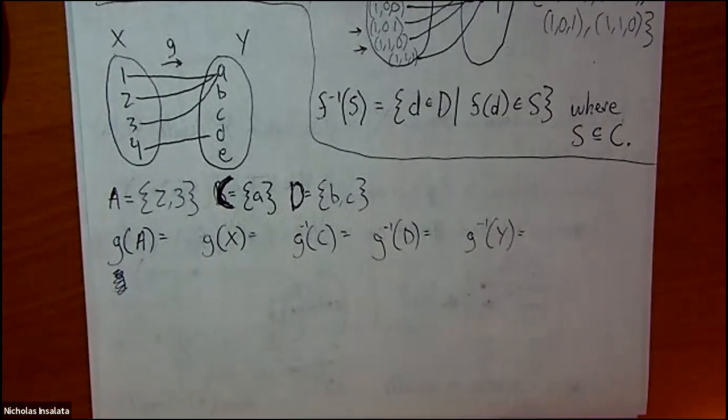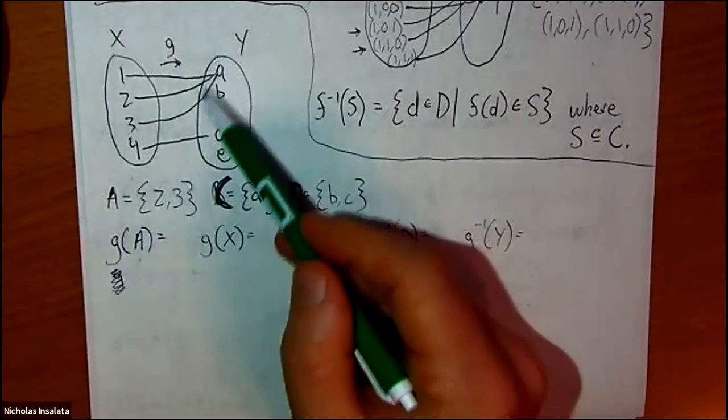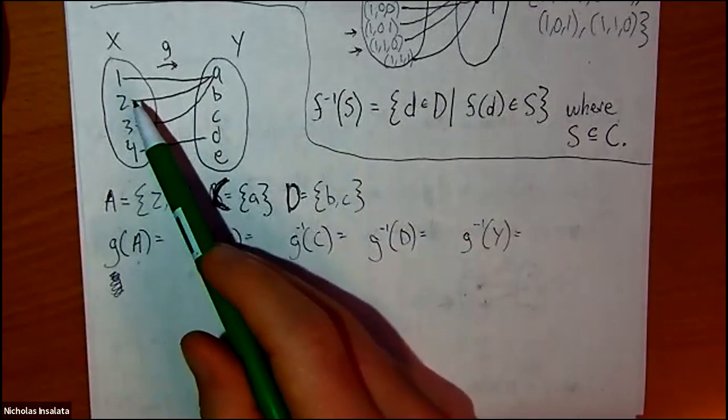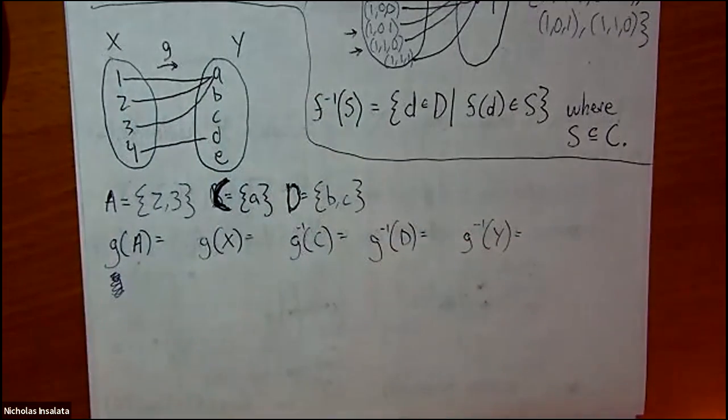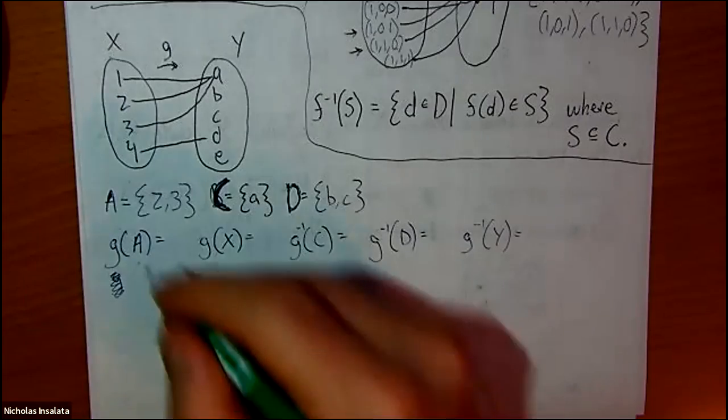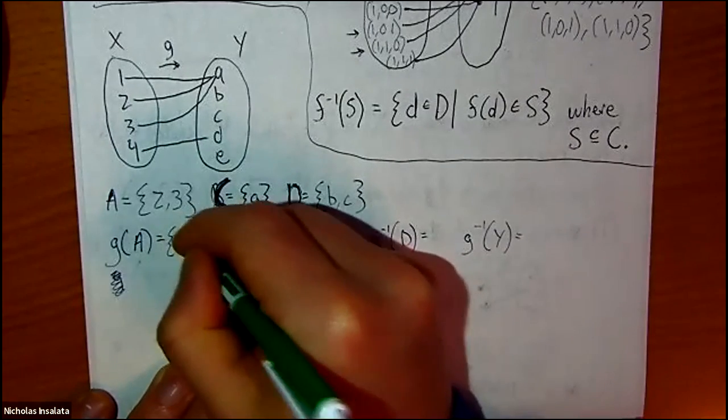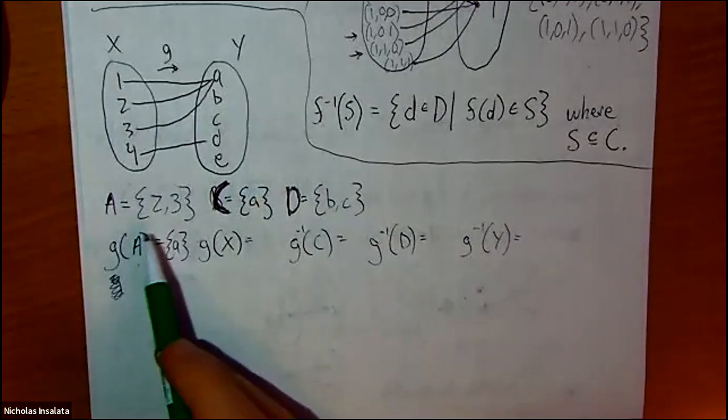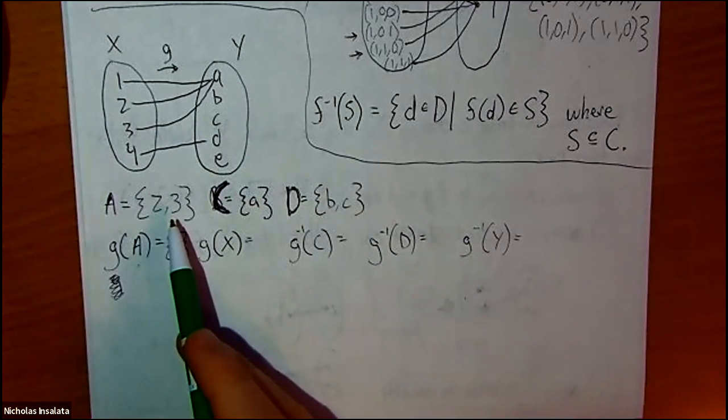Yeah, the question is what subset of the codomain is mapped to by 2 and 3? So, David, I guess I would say what letters do 2 and 3 map to in this particular case, right? So what do you think? Just A. Good. So it's the set containing the letter A. That's what gets mapped to by both 2 and 3.